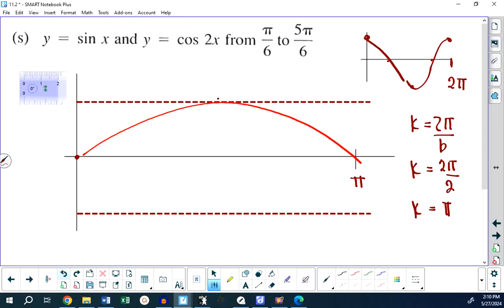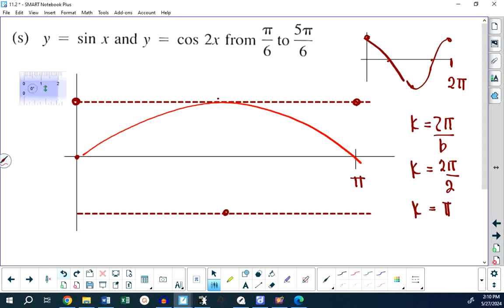And cosine starts at the top and ends back at the top. I realize now that I moved that pi over, so it's not going to be perfectly symmetrical, but that's okay. And that means it minimizes here, and it will cross the axis halfway in between.